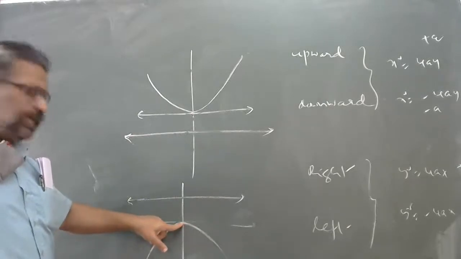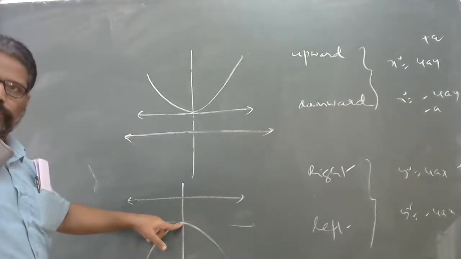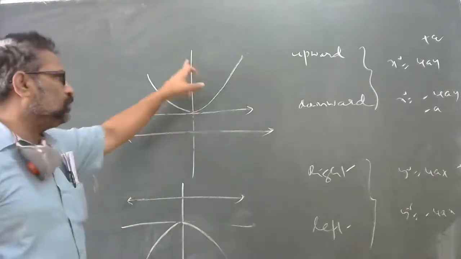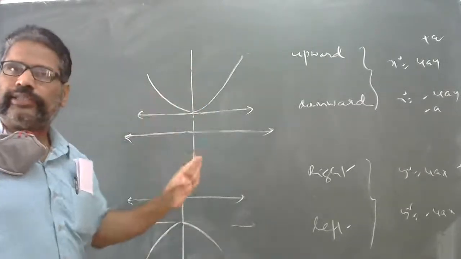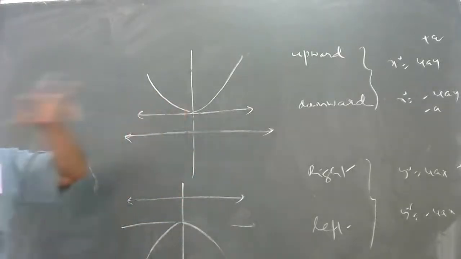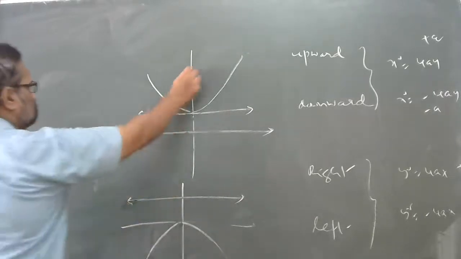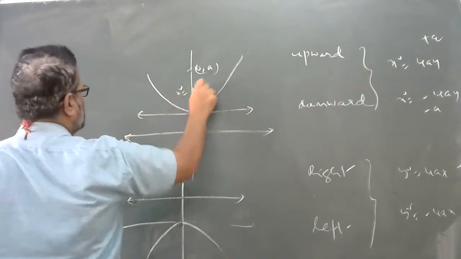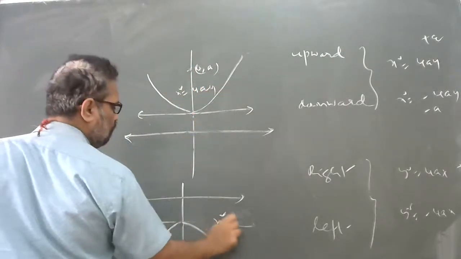Always the vertex will be at the origin, connected to this curve. We will take only this case. You may have doubts about curves which are not touching the axis, but that is not in our purview. We will discuss only the cases where the curve is connected with respect to the origin. Similarly, here a, 0, 0. This is x square is equal to 4ay. This is x square is equal to minus 4ay.